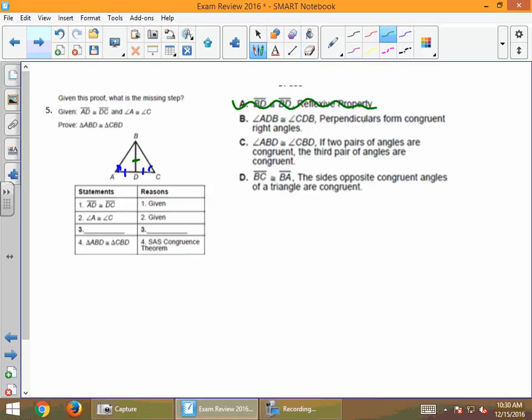Okay? Check your answers every time, even if you think it is. It might not be. B says that angle ADB is congruent to CDB by perpendiculars form congruent right angles. Well, did it mention anything about anything being perpendicular in our given information? No. So is that going to be an option? No, it didn't even talk about perpendicular lines.